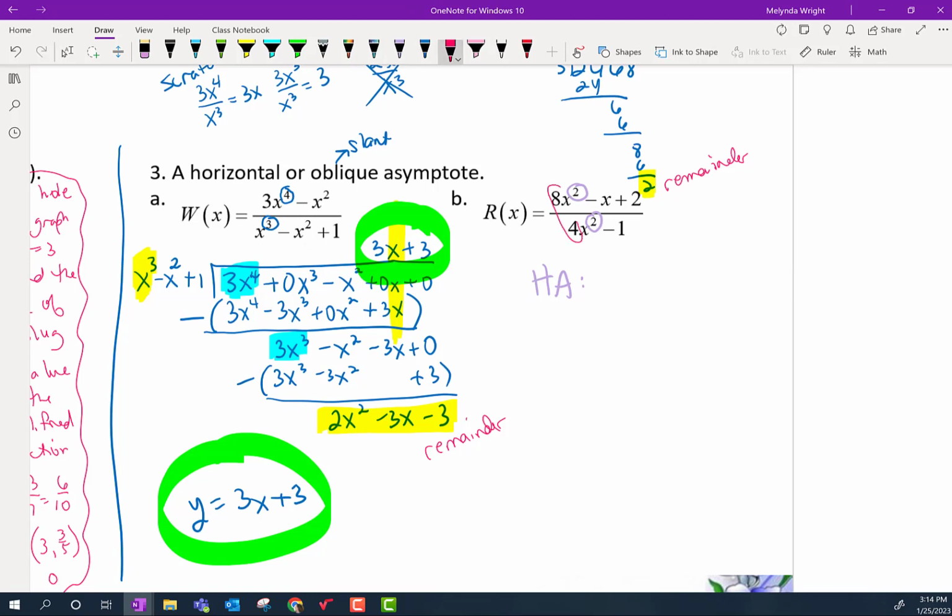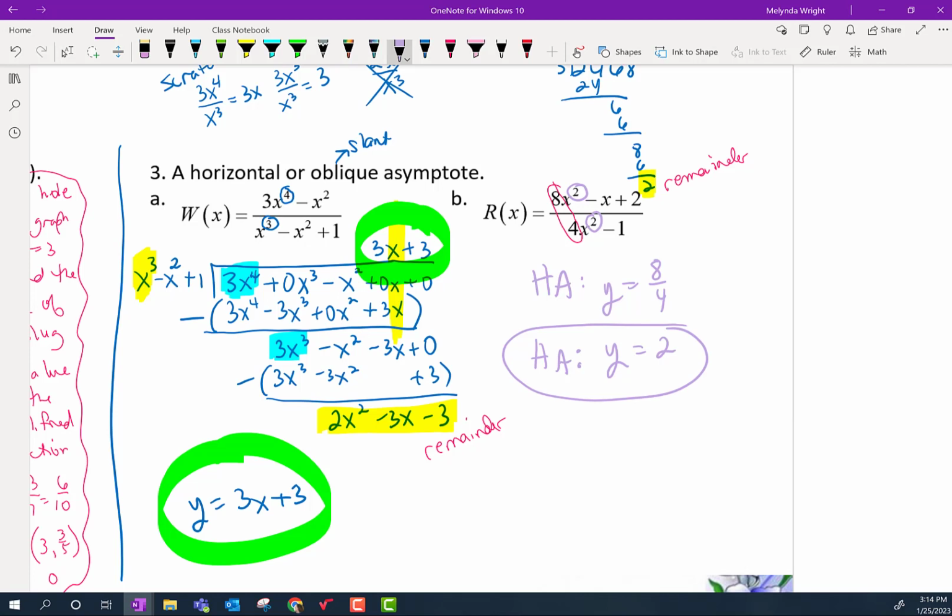I take these coefficients and I divide them. So it's going to be y equals 8 over 4, which simplifies to y equals 2. So I have a horizontal asymptote at y equals 2.